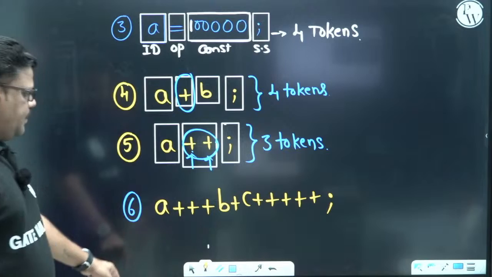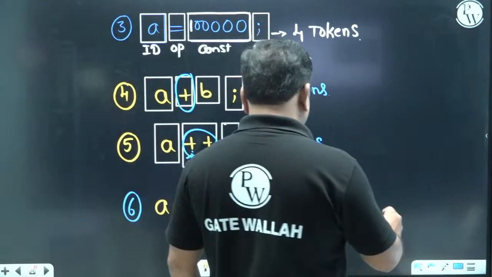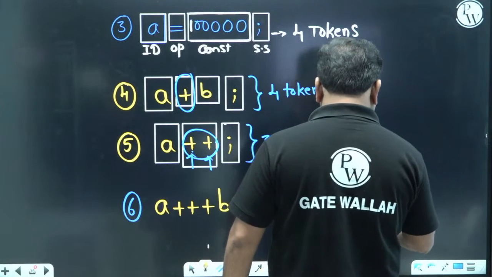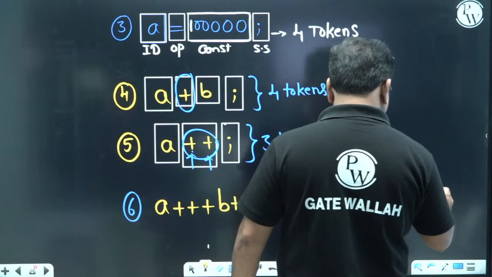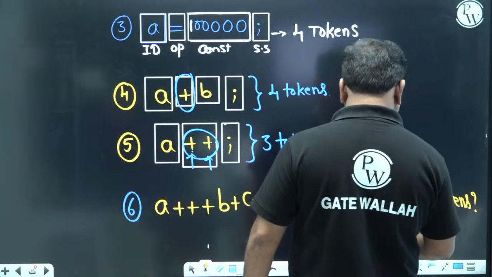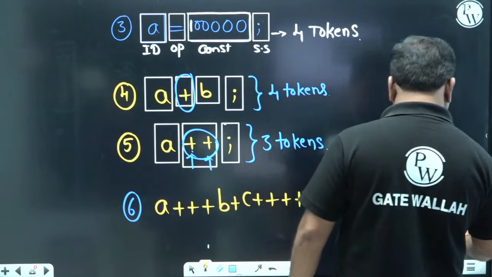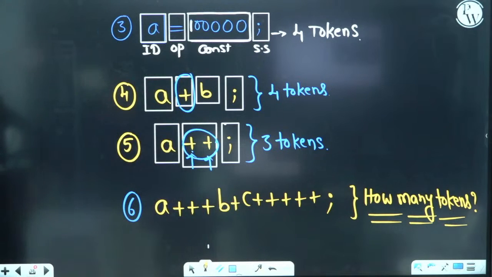How many tokens will be produced by the lexical analyzer for this? How many tokens? The plus can sometimes be an arithmetic operator, sometimes an increment operator.